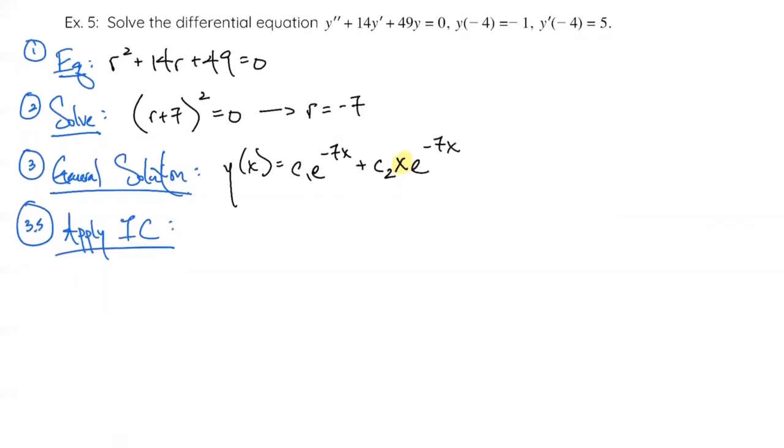Now, the first initial condition, not too bad to plug in, right? We have y of -4 equals -1. So y of -4 equals -1, which means everywhere I see an x, I'm going to put a -4.